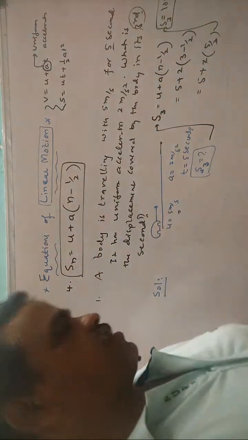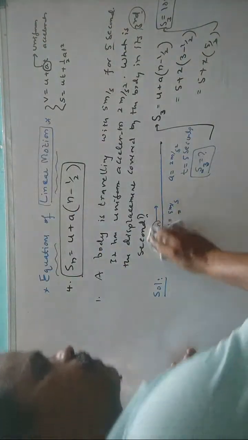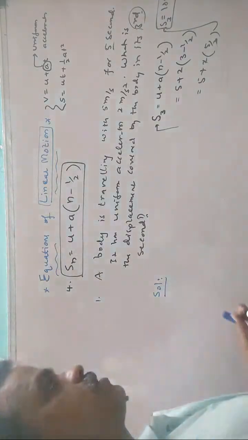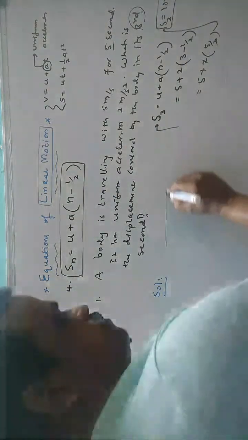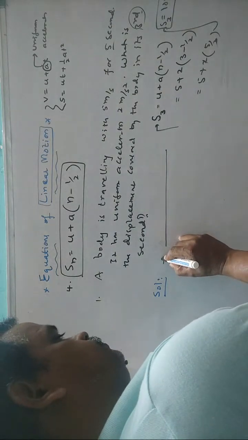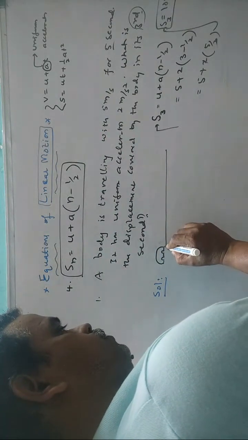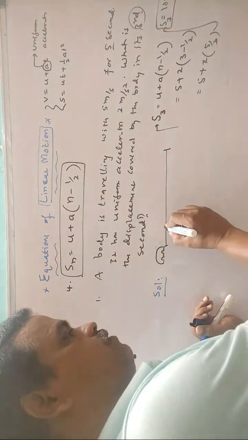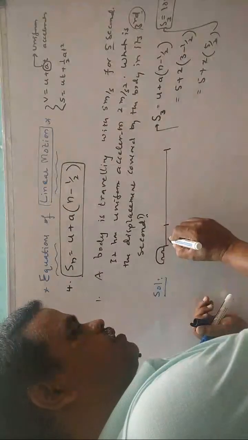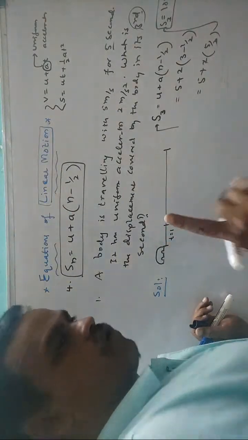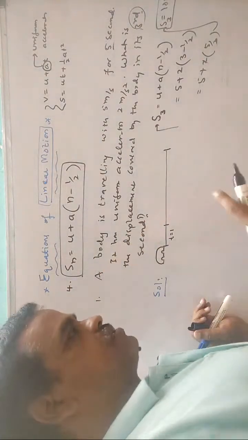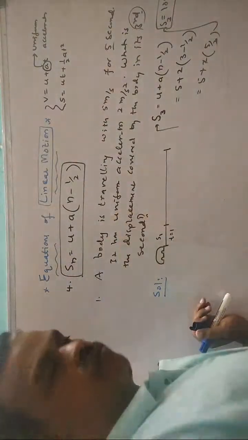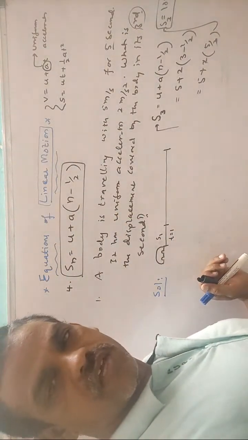So what happens here actually? We got the answer, but we have to discuss it. The body traveled for 5 seconds. In the first second, t equal to 1, the displacement covered by the body is S1.